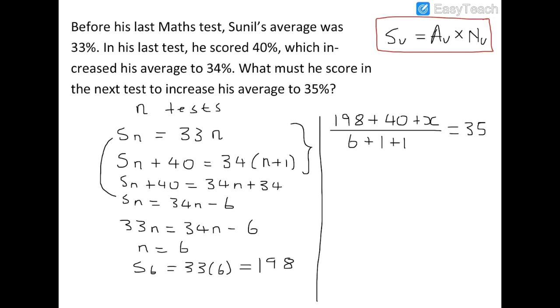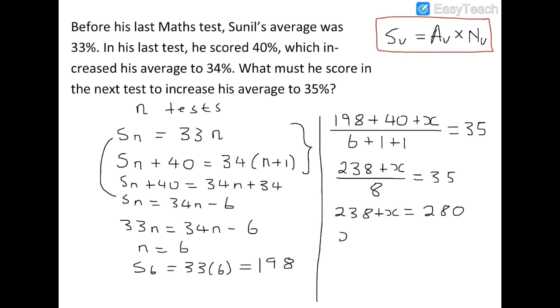Okay, so 198 plus 40 is 238. So we get 238 plus x, divided by 6 plus 1, divided by 8, is equal to 35. And 238 plus x will be equal to 35 times 8, which is 280.